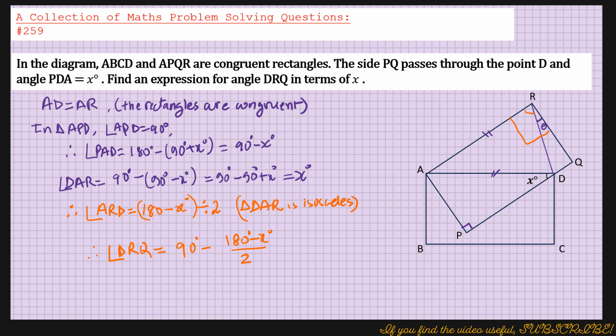Once you've got angle ARD, that is (180 minus x) divided by 2, then the angle DRQ would be 90 degrees minus (180 minus x) divided by 2, and that would be x out of 2, or half x. So we get the answer: theta in terms of x, or angle DRQ expressed in terms of x, would be half x.